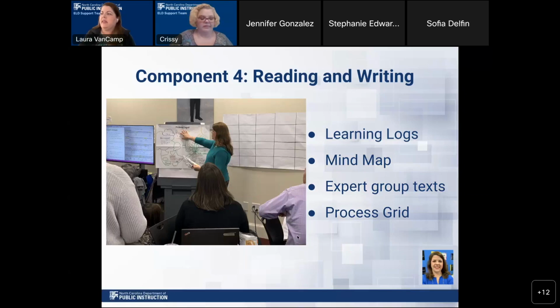The 4 strategies that we're going to be modeling or telling you about are learning logs, which we've already had some exposure to, mind maps, expert group text, and the process grid. So as you will recall, yesterday we started with the end in mind on the process grid, and now we're going to look at the second purpose for the process grid. And so that'll be really fun to follow that line of thought as we wrap up our session today.